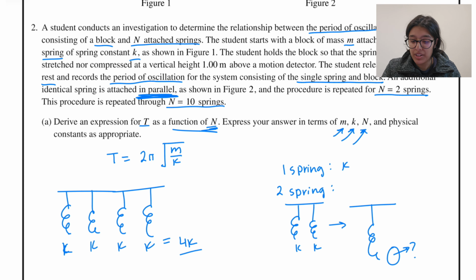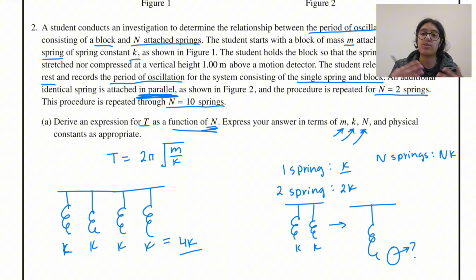So for one spring, the total spring constant of the scenario was k. For 2 springs, the total spring constant of the scenario is 2k. And then hence for 3 springs, it's going to be 3k, and for 10 springs, it's going to be 10k. But we want it in terms of n, right? So for n springs, what's it going to be? Yeah, it's going to be nk, because it's just k plus k plus k n times, so just nk.